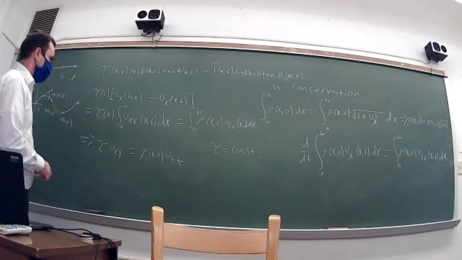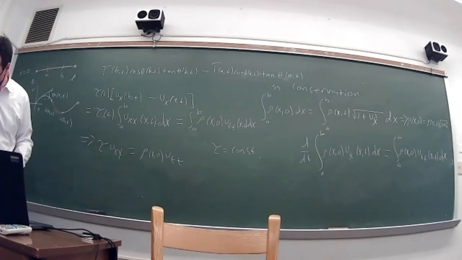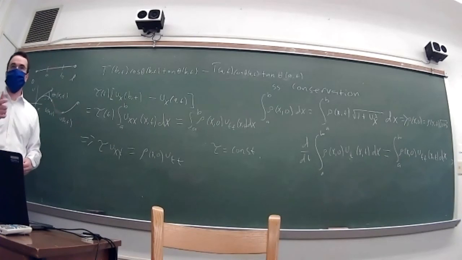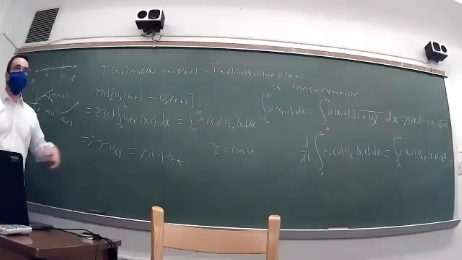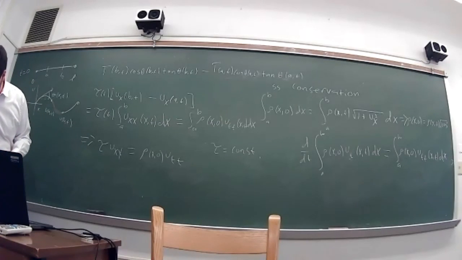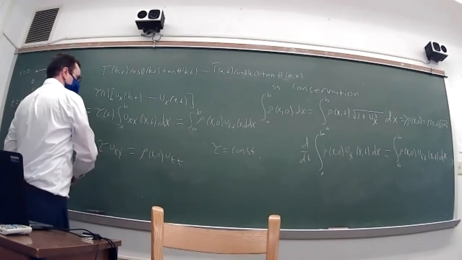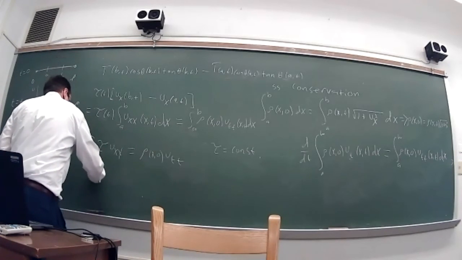You could look up whether that's physically reasonable, and you could write down the equation and try to solve it. So I welcome you to do that. And now, dividing both sides by the density.